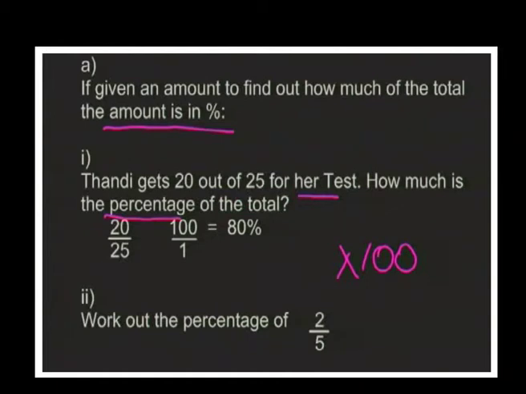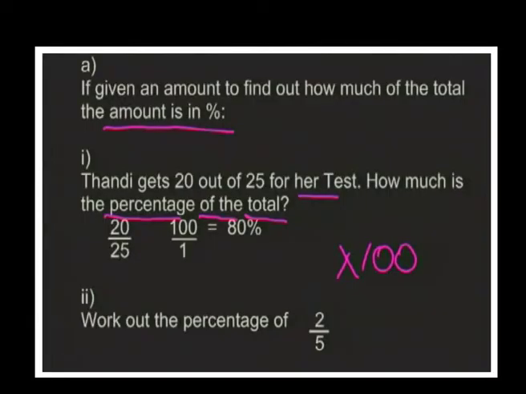And then we're looking for this little word of the. Of the what is the question that you need to ask yourself, and in this case it is of the total. So we take Tandi's mark, which was 20, of the total, divide by 25, times by 100, or 100 over 1, and we get our solution.